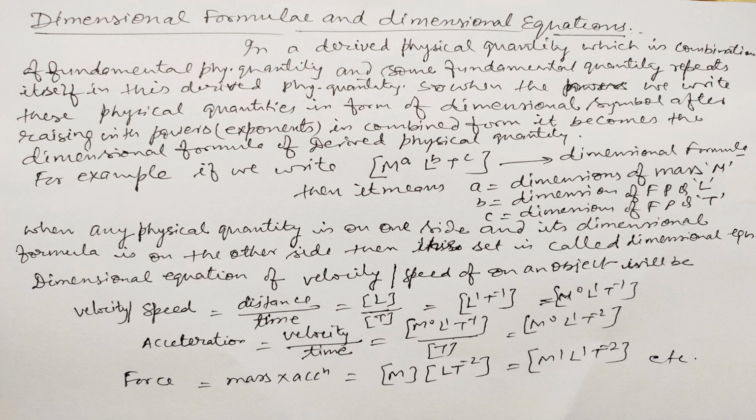So likewise we can write the dimensional equation of each derived physical quantity. We can have a table of these derived physical quantities, and if we know the formula of different derived physical quantities, we can write them easily. You can practice and write them easily.